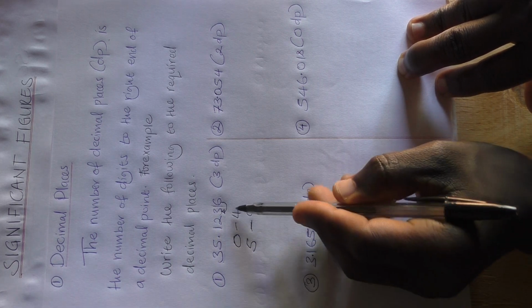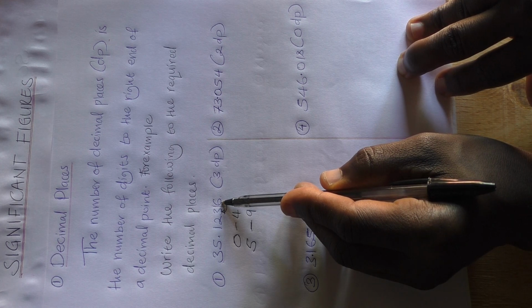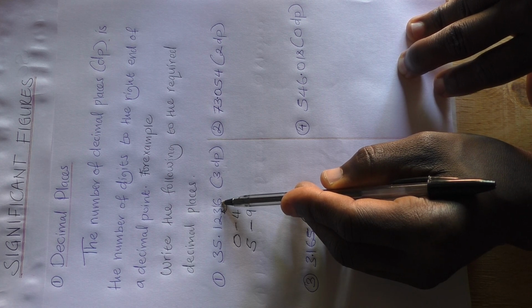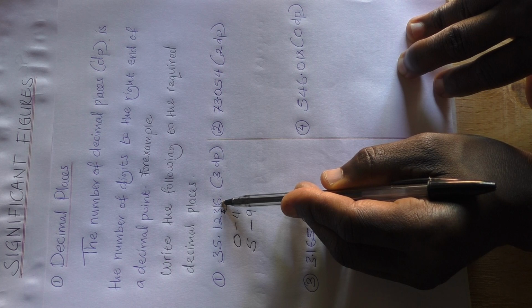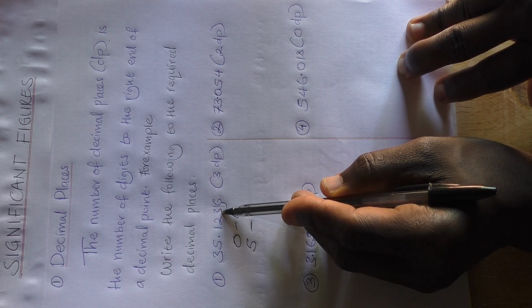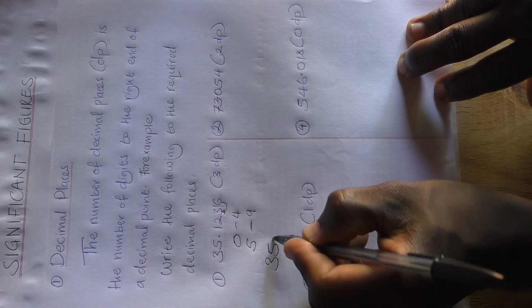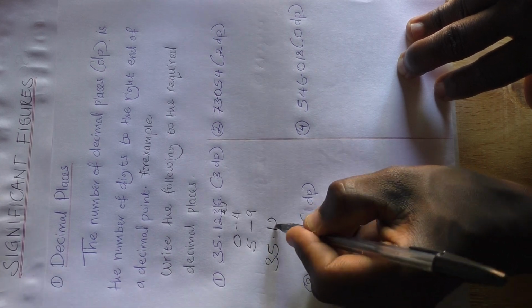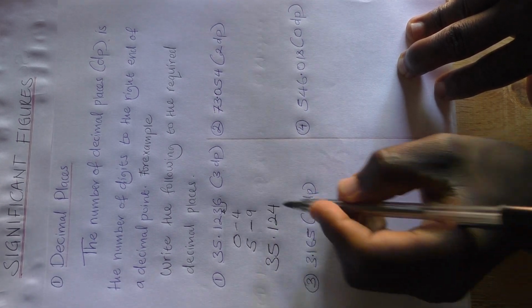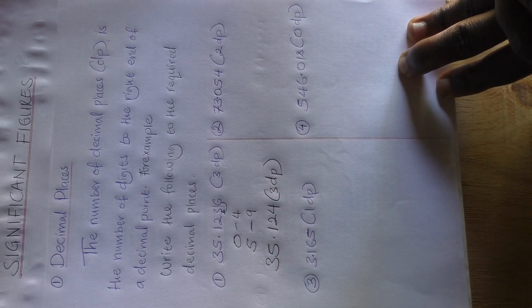So, since we have a 6 in the 4th position, we add a 1 to our 3rd digit. And this becomes 35.124. This is to 3 decimal places.